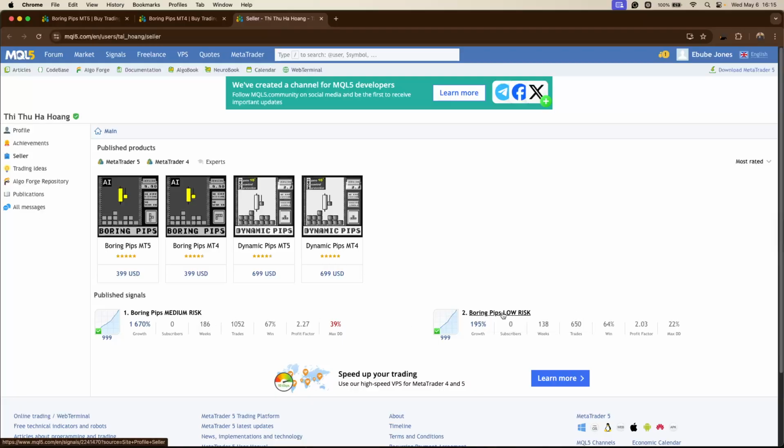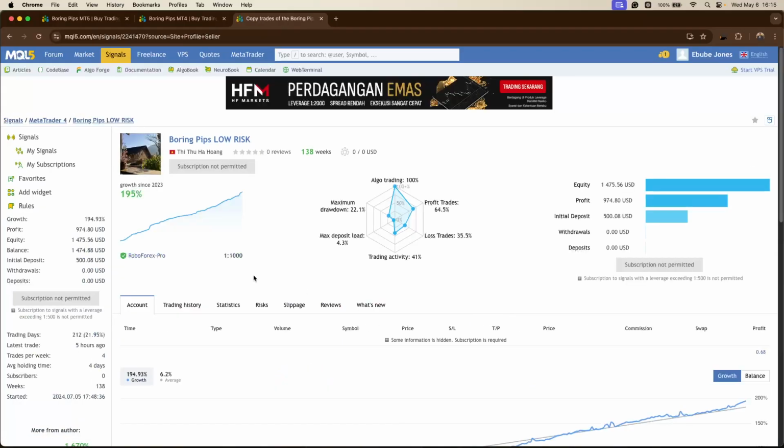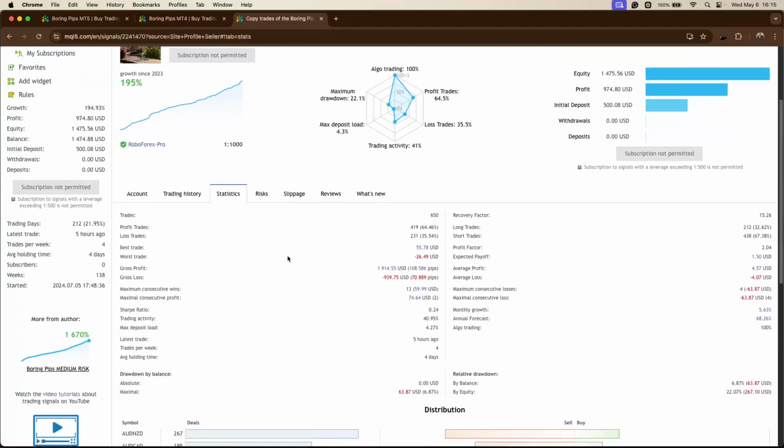All right, here we have the low risk and we also have the high risk. We have the low risk live signal of the Boring Pips, and we also have the high risk. I'm looking at the low risk right now. We have a 64% win rate and 419 trades in profit out of 650 trades in total.